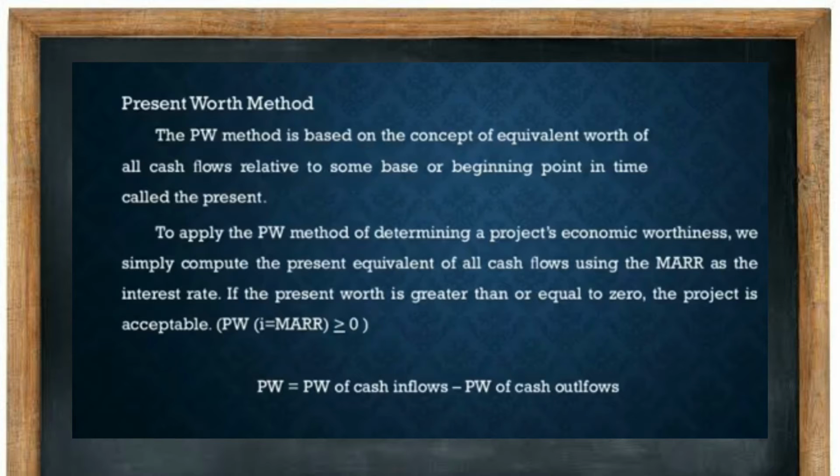Yun nga, yung i natin. So if the present worth is greater than or equal to 0, the project is acceptable. As you can see here, the formula is super simple. Inflows are positive and cash outflows are negative.